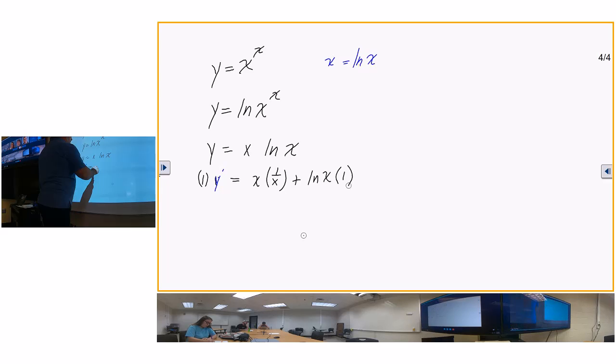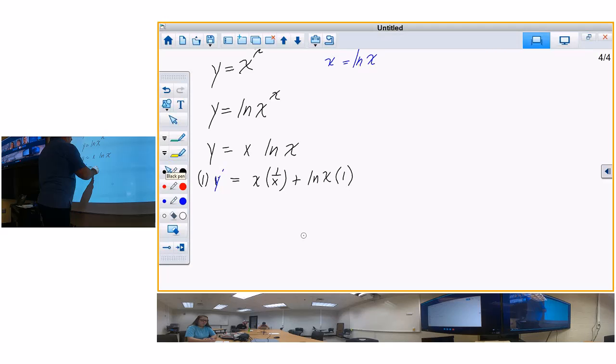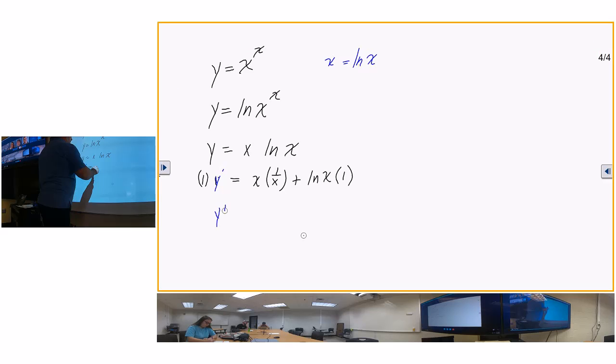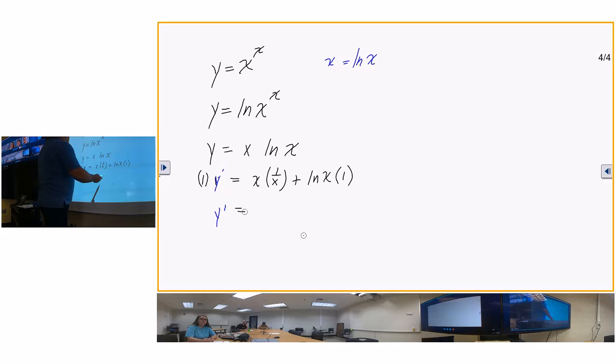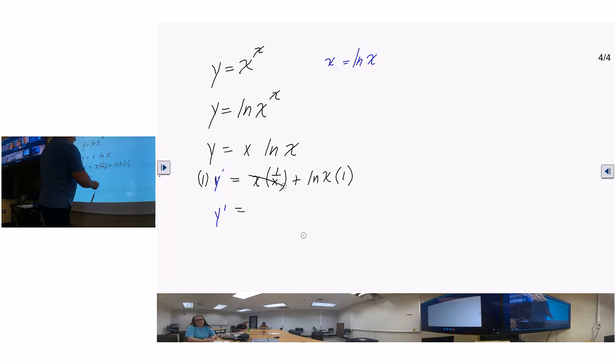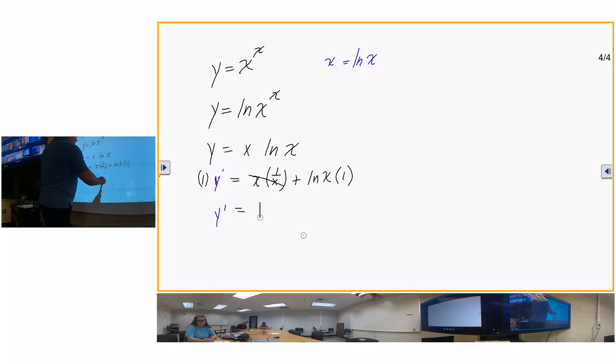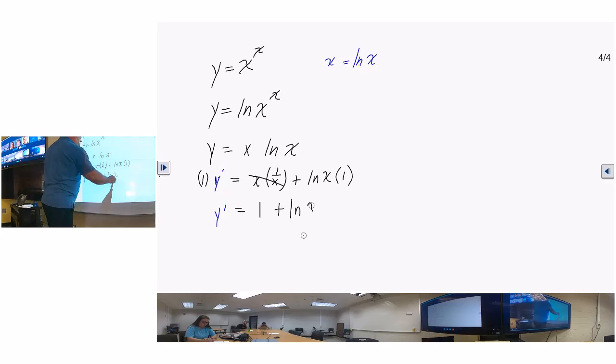And since this comes out to be 1, this is an easy problem. So you come out with y prime. Of course, if this is 4y, then it would be different. You'd have to divide the whole thing by 4 on both sides. But anyway, y prime is equal to, what happens to the x's? They cancel and you're left with 1 plus the natural log of x.